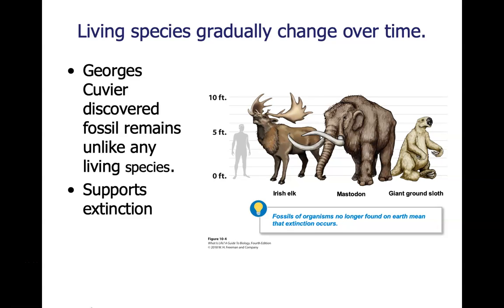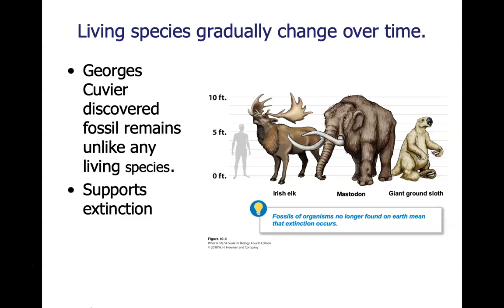But the fact that fossils were found that shows organisms that no longer were living on Earth supports the idea that the process of extinction is occurring. And so this sort of contradicts the idea that populations are unchanging, that the Earth is unchanging since the beginning of time.